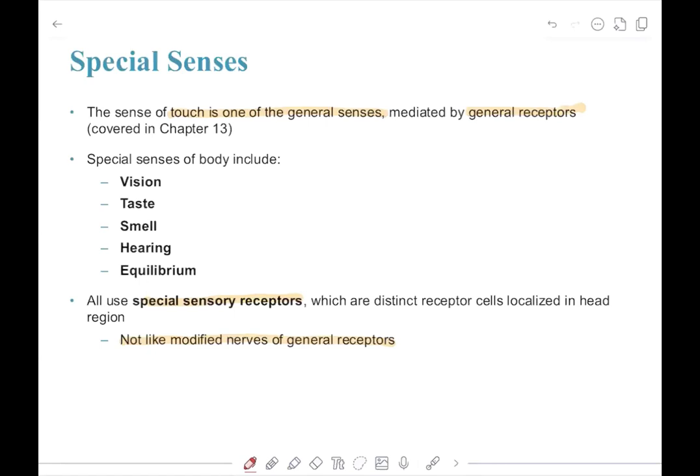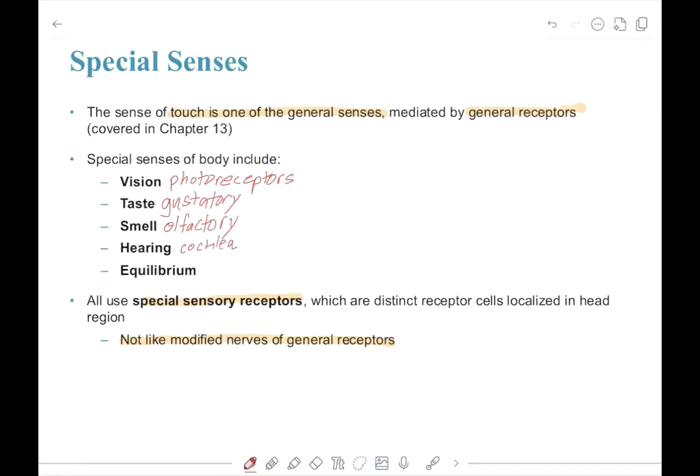So vision is due to photoreceptors in the retina, specialized receptors. Taste is gustatory receptors. Smell is olfactory receptors. Hearing is specialized mechanoreceptors that are located in the cochlea.